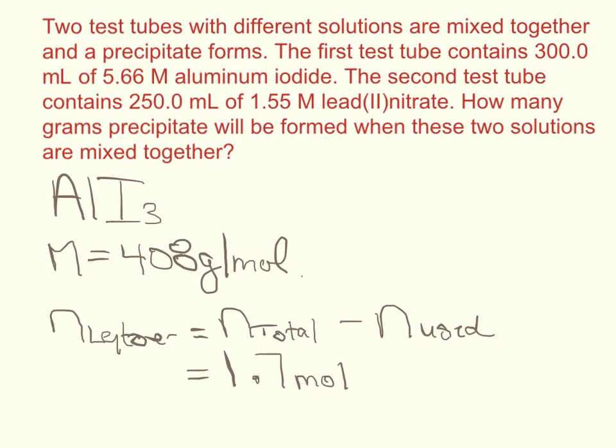The number of moles used, that tends to be the hardest one to figure out. So let's go on to the next slide so that we can figure out how many moles that we use so we can finish this calculation. So we're trying to find the number of moles that were used, and to find that we have to remember how many moles of the precipitate we had.